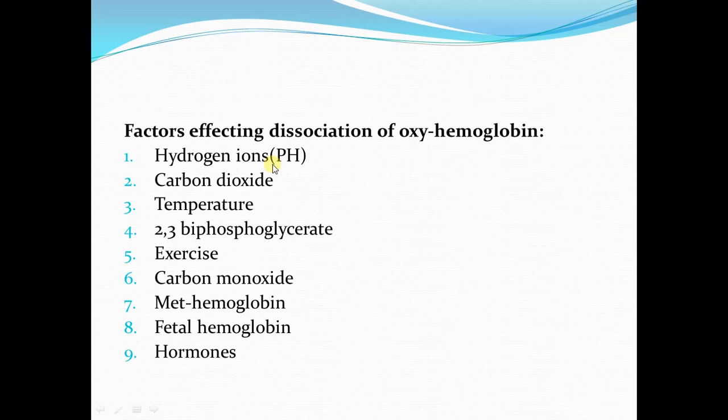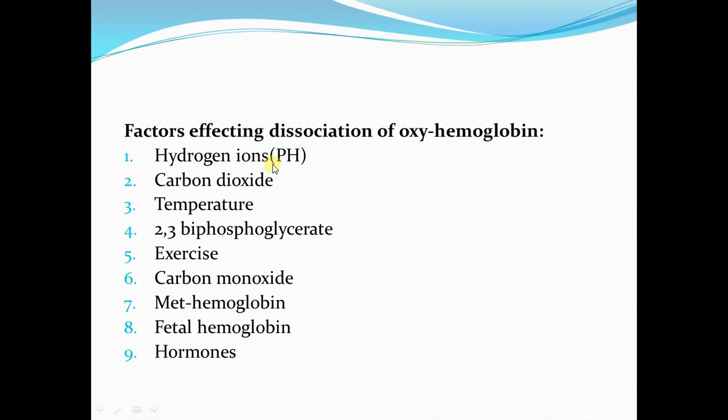While alkalosis, which is a decrease in hydrogen ion concentration or an increase in pH, will shift the curve to the left side. It means when there are high hydrogen ions, more oxygen will be dissociated from the hemoglobin, and when there are fewer hydrogen ions, less oxygen will be dissociated from the hemoglobin.